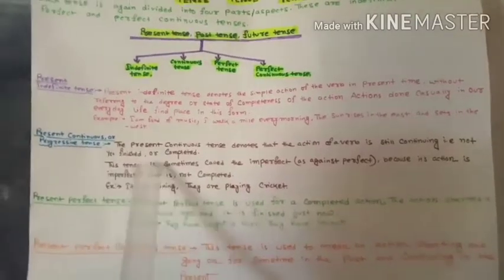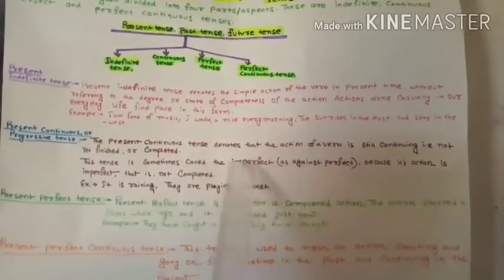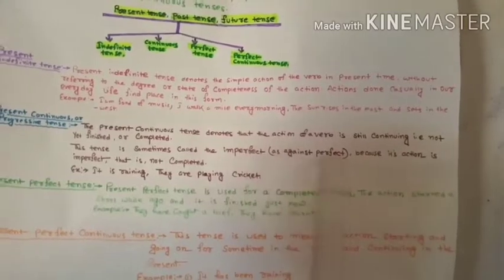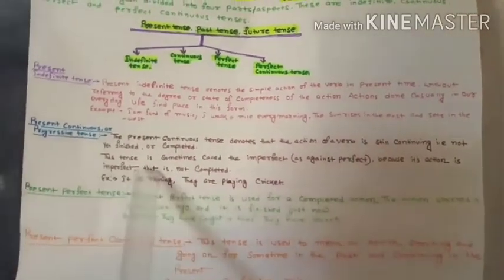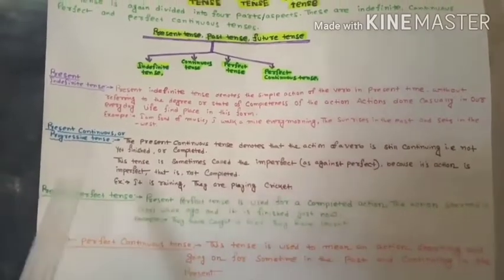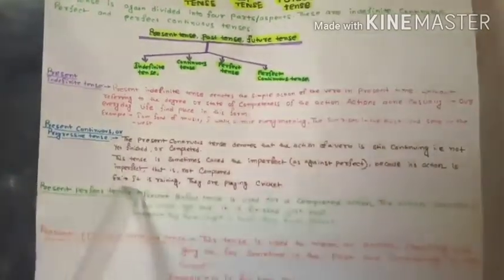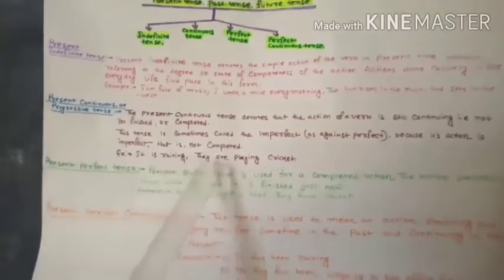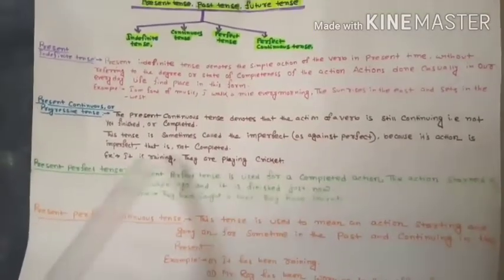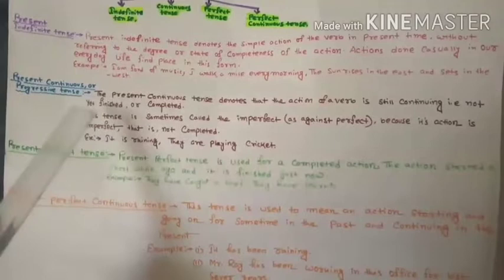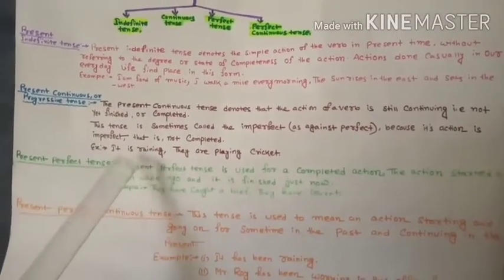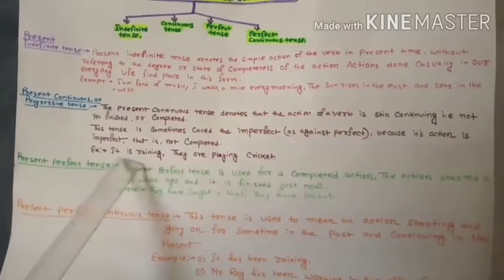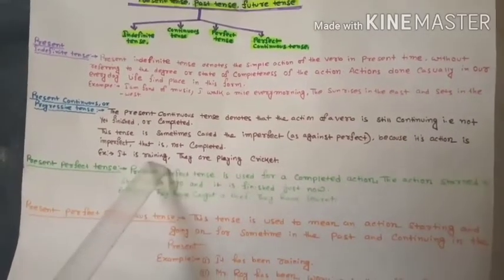This tense is sometimes called the imperfect as against perfect because its action is imperfect, that is not completed. For example, you can say, it is raining, they are playing cricket. So these are examples of present continuous or present progressive tense because the action is still continuing, that is not yet finished or completed.